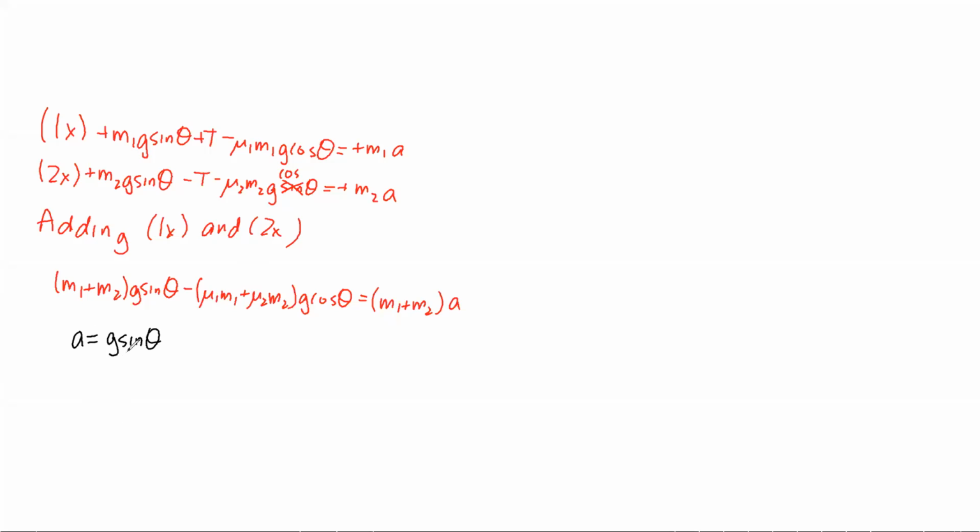Pretty interesting result. g sine theta minus (mu1 m1 plus mu2 m2) over (m1 plus m2) times g cosine theta.